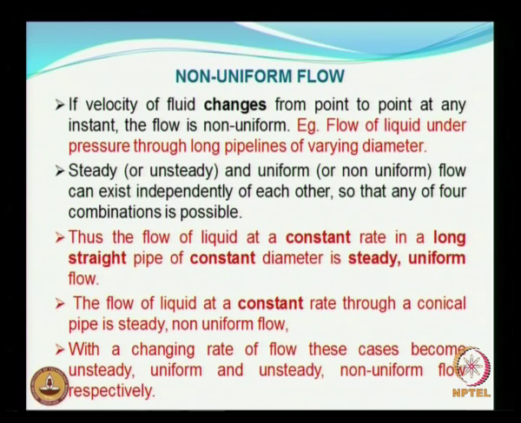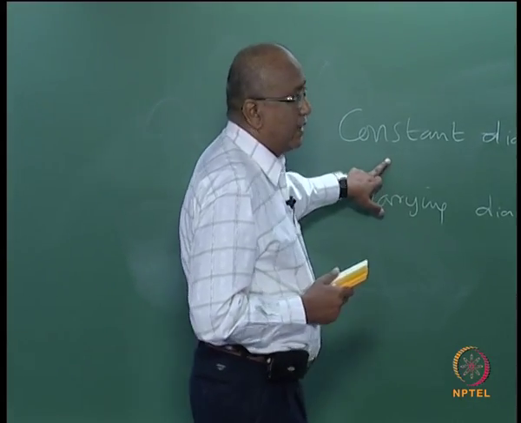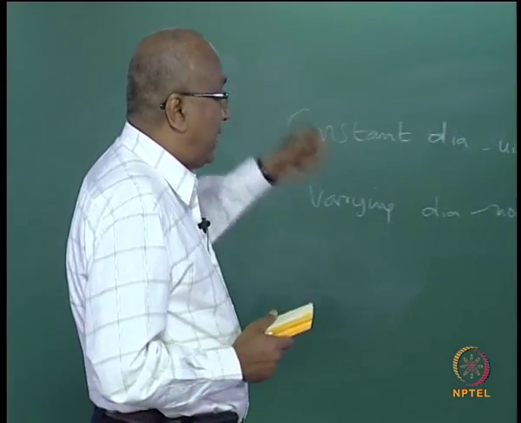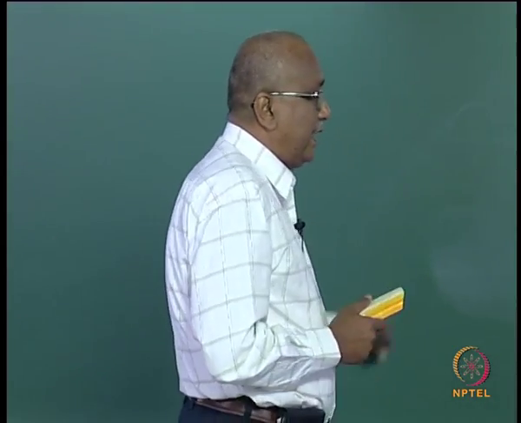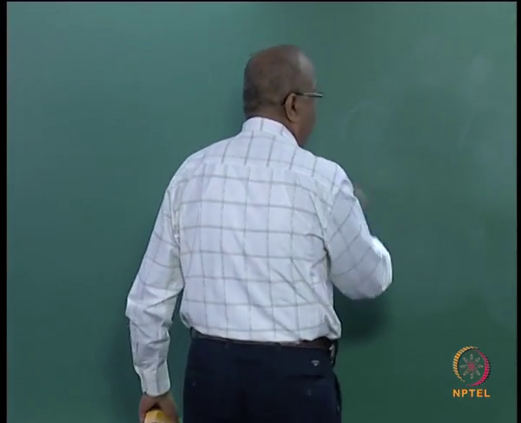For example, if you have a flow of liquid at a constant rate in a long pipeline of constant diameter, then you have steady uniform flow.